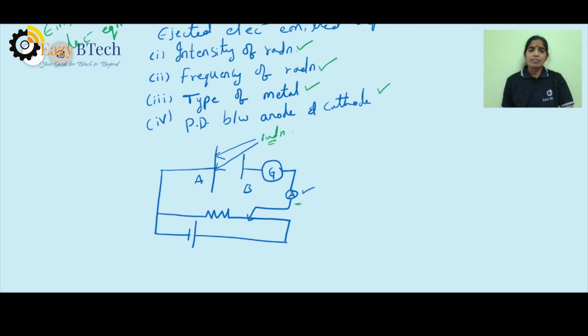So the photoelectric effect also depends on the potential difference that exists between your cathode and anode.